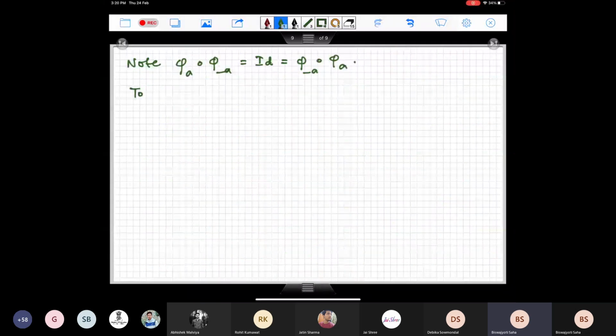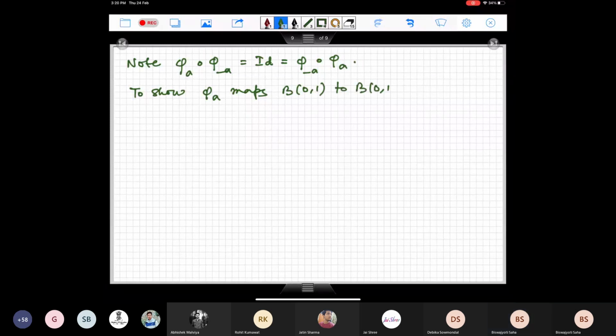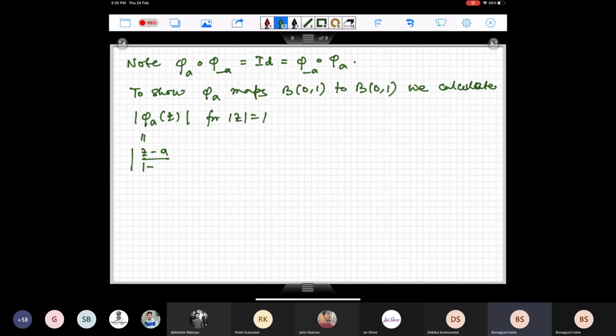So to show phi a maps B(0,1) to B(0,1), we calculate mod of phi a of z for mod z equal to 1. This quantity is z minus a divided by 1 minus a bar z, so I write it as e power i theta minus a divided by 1 minus a bar e power i theta, because I am taking mod z to be equal to 1.